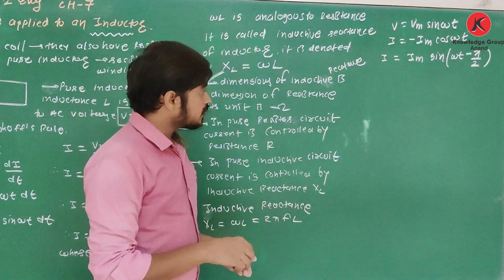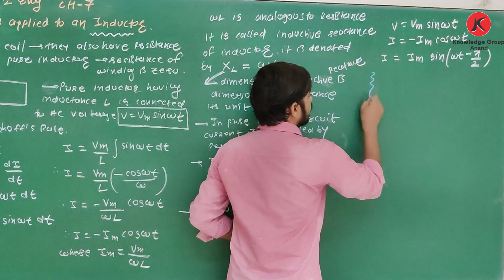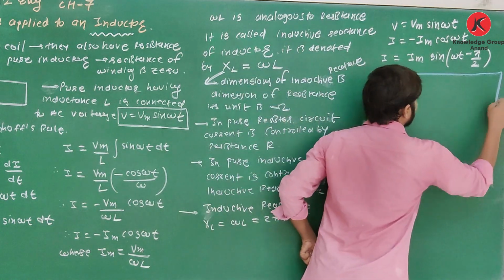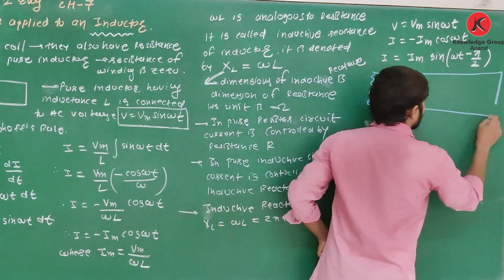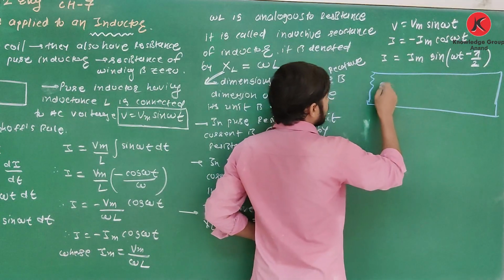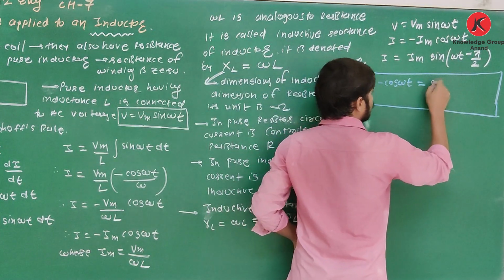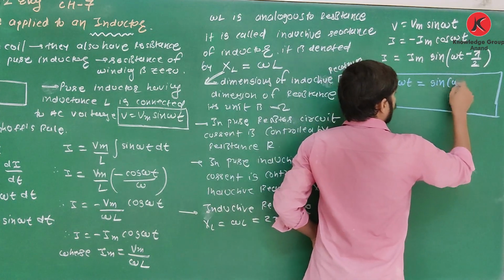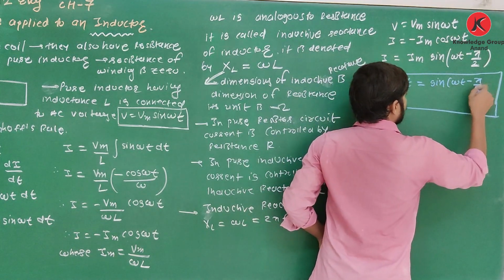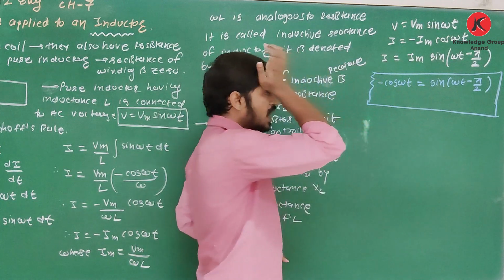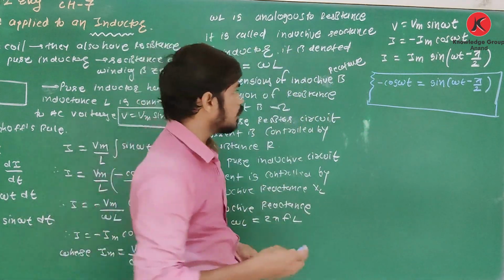Because you have to remember one relation. That is minus cos omega t is equal to sine omega t minus pi by 2. Now, how? You may ask me one question.